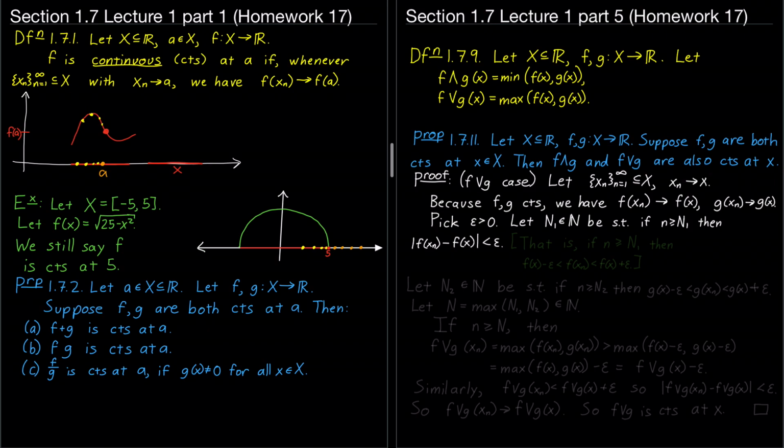And I'll point out to you this is equivalent to: if n is bigger than N1, then f of x minus epsilon is less than f of x_n is less than f of x plus epsilon. And we're going to let N2 do the same thing, only for our function g.